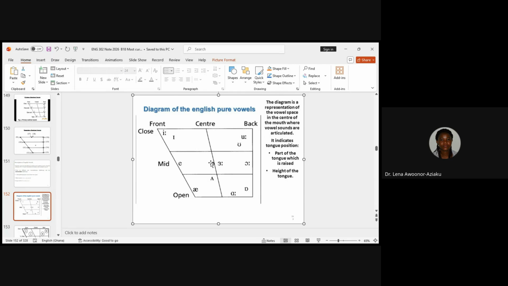So this is schwa. Schwa vowel is an unstressed vowel. It never occurs in a stressed environment. Anytime you see a certain vowel unstressed, that vowel is likely to change into schwa. When we are looking at stress, you see it. So now some call it the unstressed vowel or the unstressed form of what? The nurse vowel.